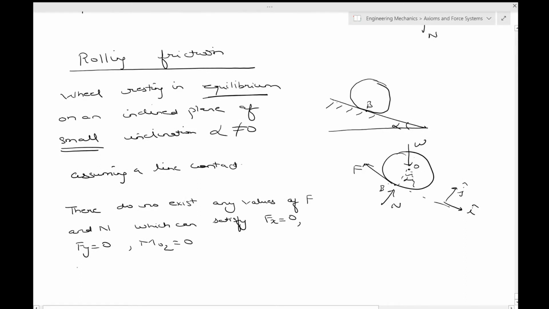So let's see what this means. So f is equal to w sine alpha. By looking at this you can say that n is equal to w cos alpha, and rf is equal to 0.